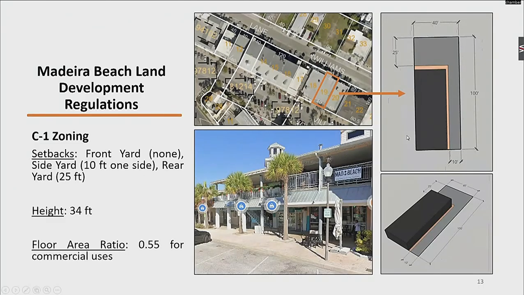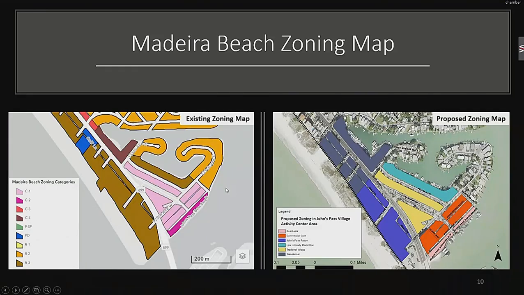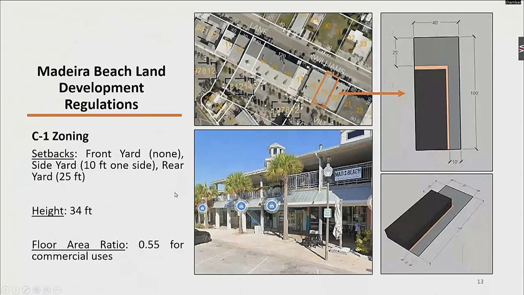So an example of the land development regulations, specifically looking at zoning districts. C1 zoning, I'll show you on the map where that is. C1 zoning is this lighter pink area. It's really all of Johns Pass Village, that tourist area. So this is what's in our code right now.